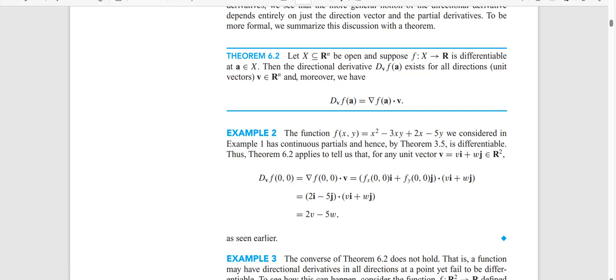In this case, it's just a pair because it's just in the x and y directions.